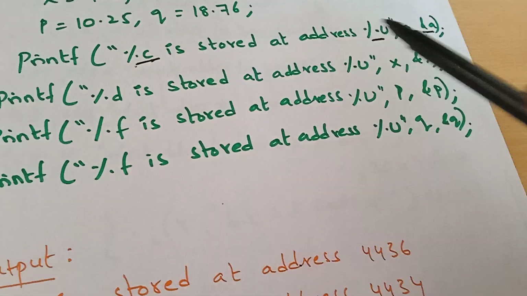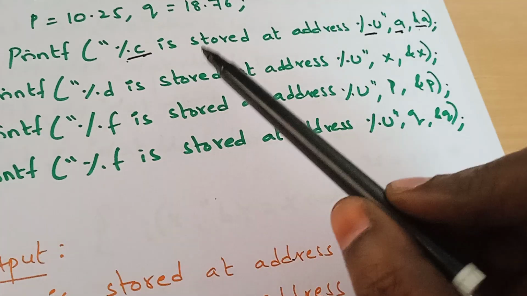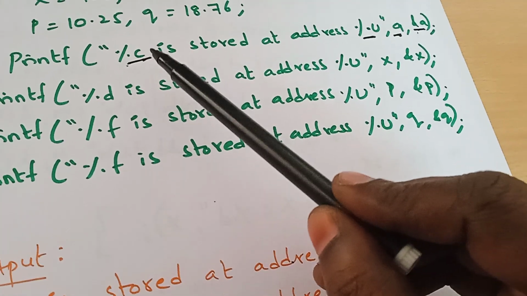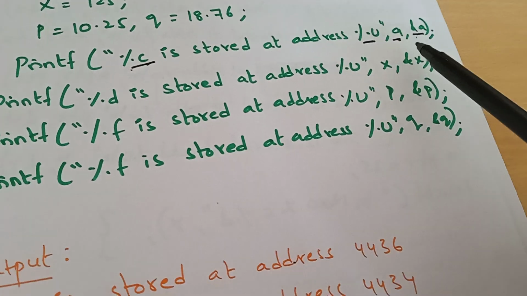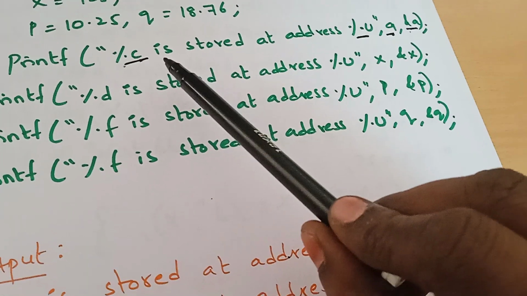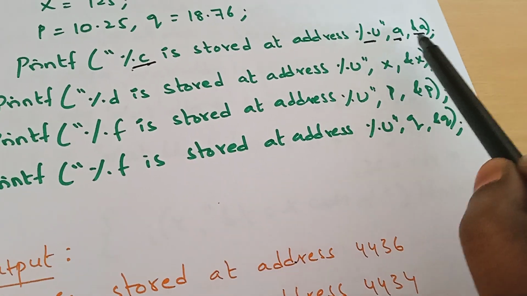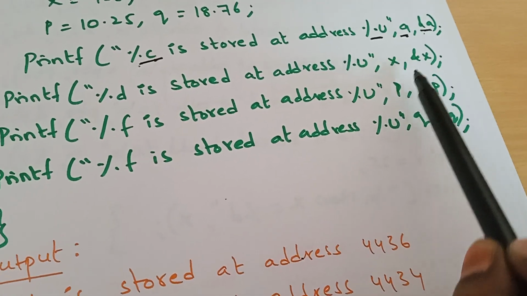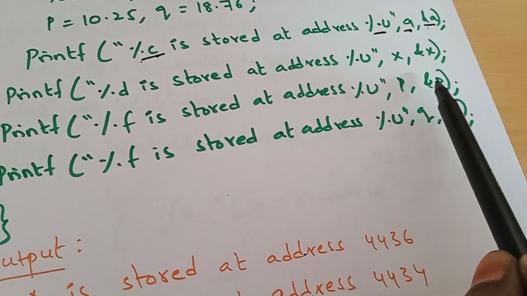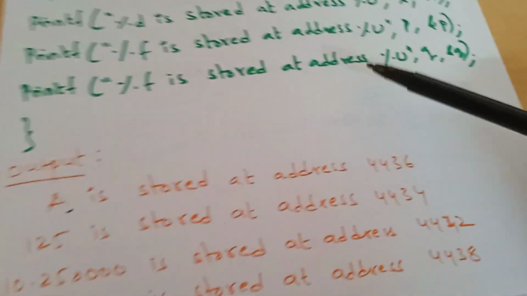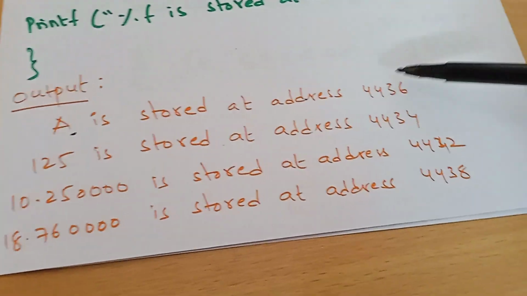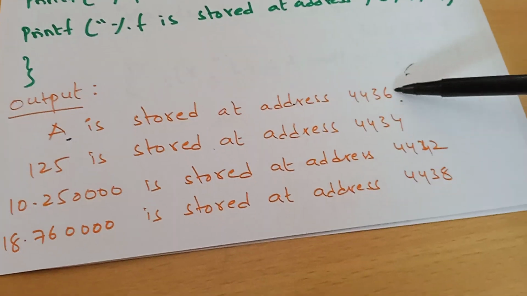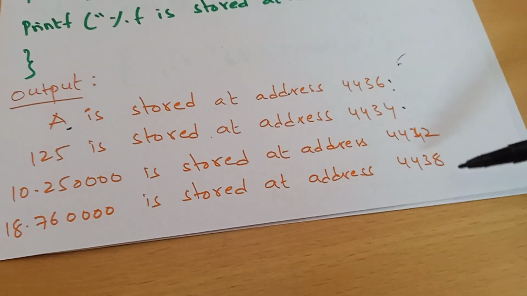Now in this program, you can see which value is available in which location. The character is available in which location, the integer is available in which location, the float is available in which location. It is very sure that these values will vary from system to system.